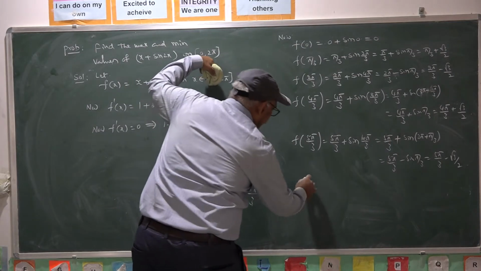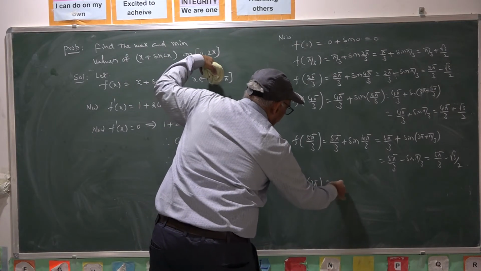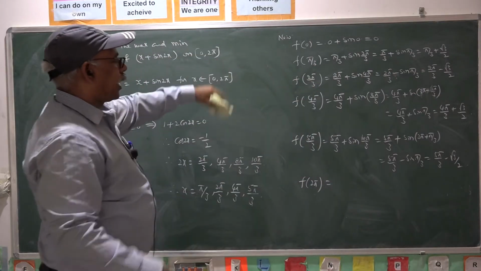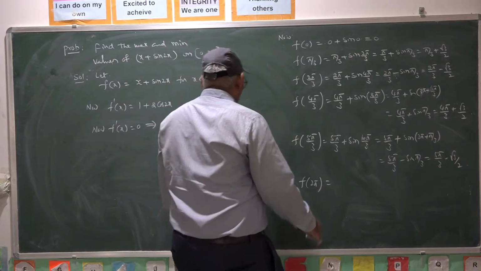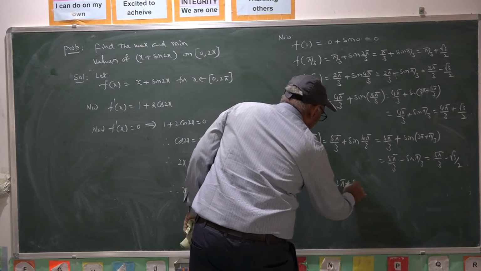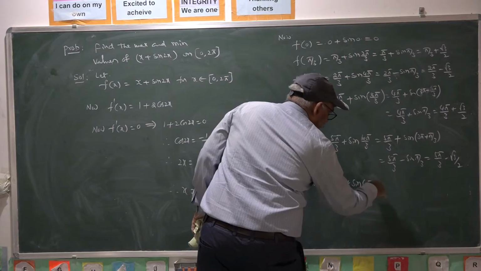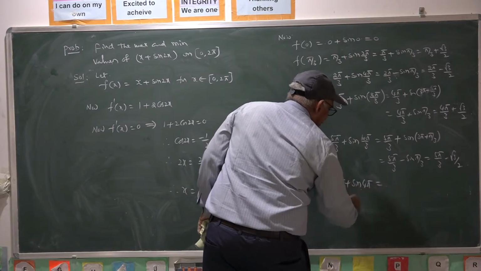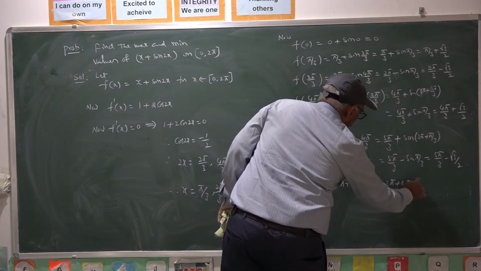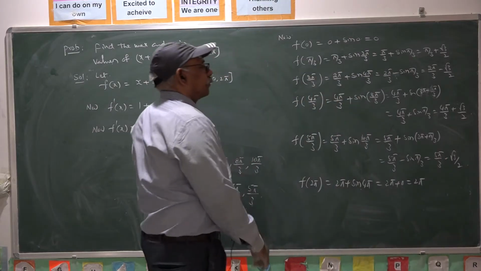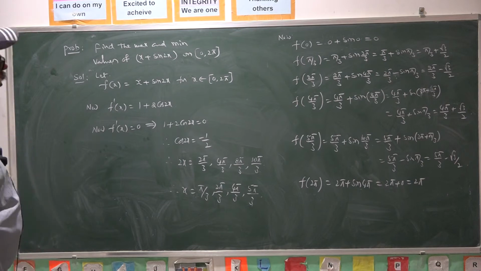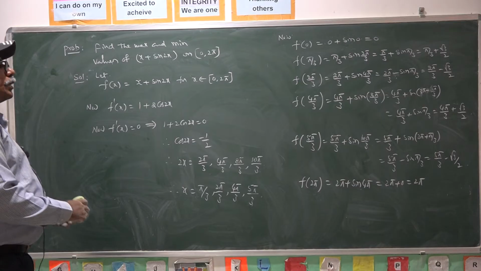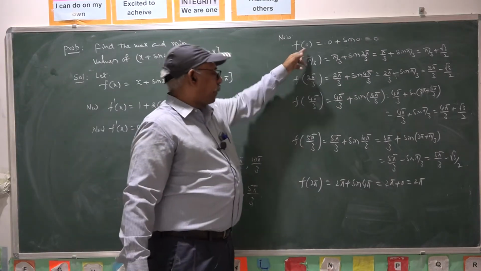And f of 2 pi at the right end of the interval is 2 pi plus sine 4 pi. For a multiple of pi, sine is 0. So that is 2 pi plus 0, which is 2 pi. So these are all the different functional values which lie in 0 to 2 pi.